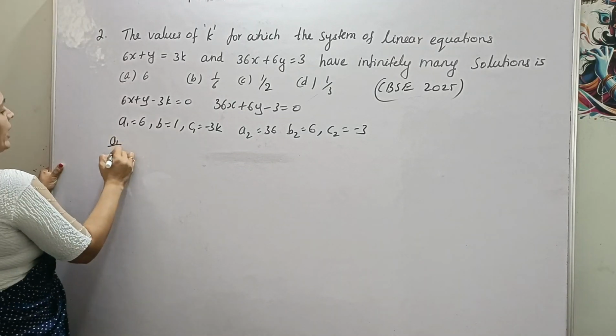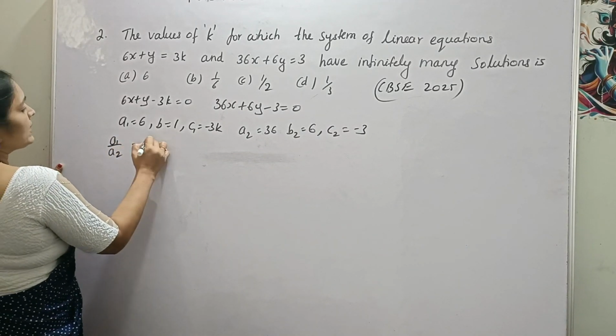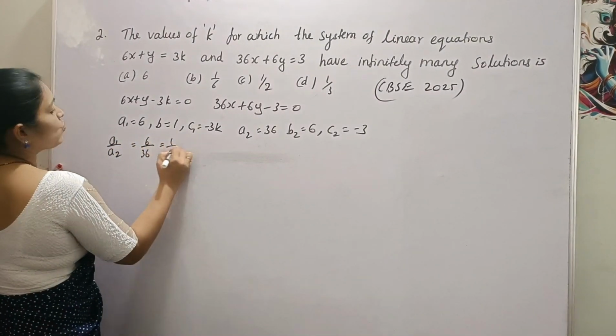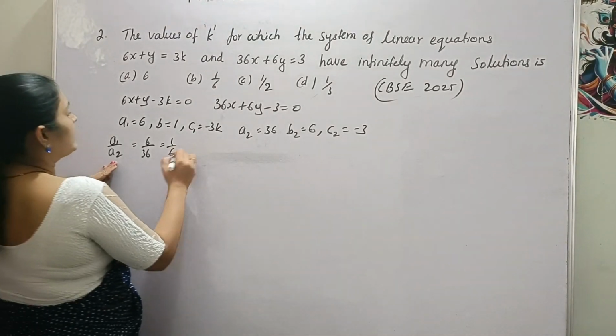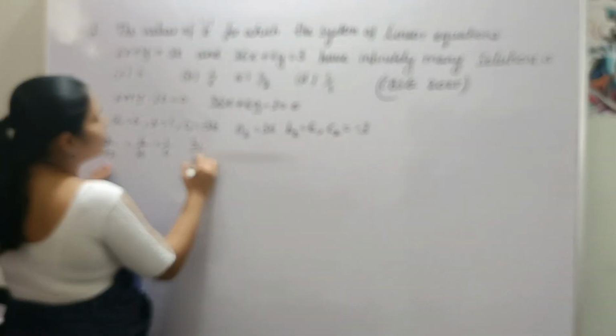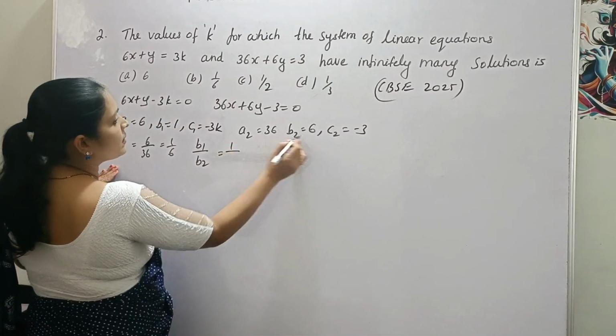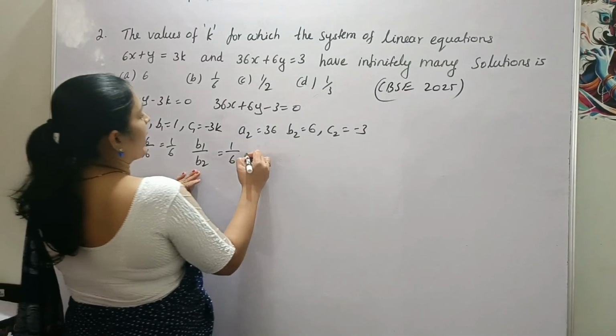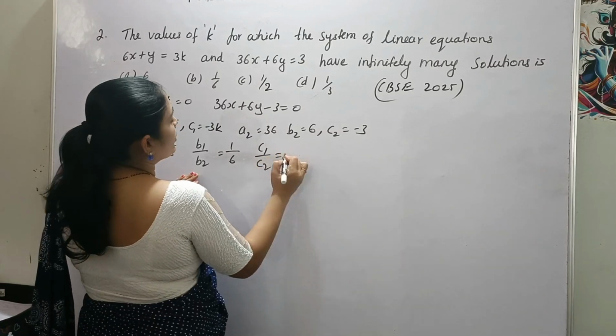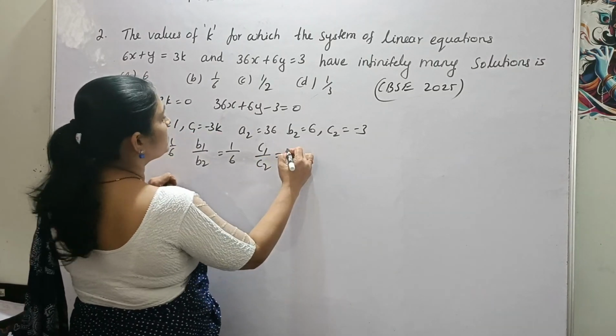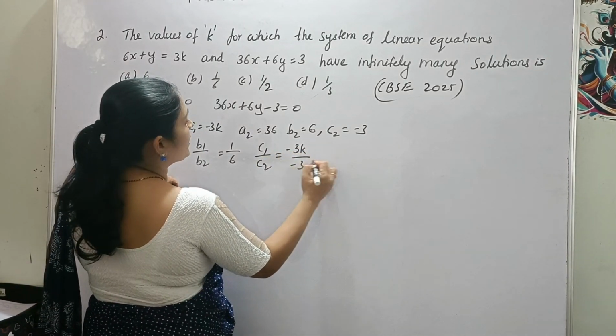Now, what is a1 by a2? 6 divided by 36, that is 1 by 6. Okay? And b1 by b2, b1 is 1 divided by 6. Okay, and c1 by c2 is equal to minus 3k divided by minus 3.